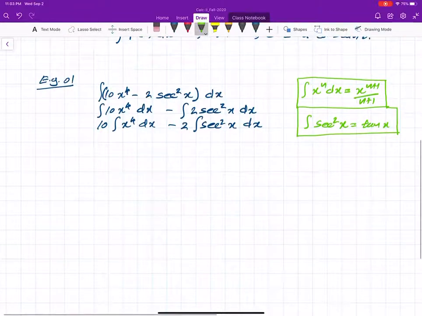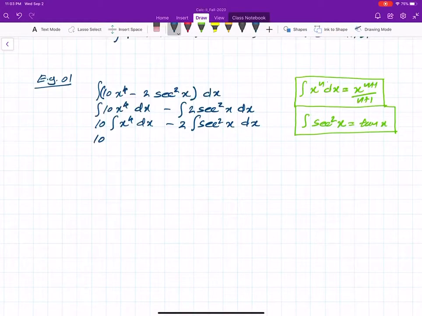In the first case, you have 10 x to the power 4. The power is 4. If you had n, you put n plus 1 here, so now you write x to the power 4 plus 1 over 4 plus 1, and then minus 2 times, for secant square, tan x.